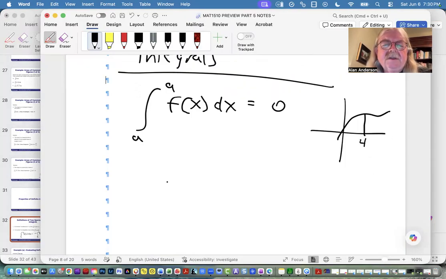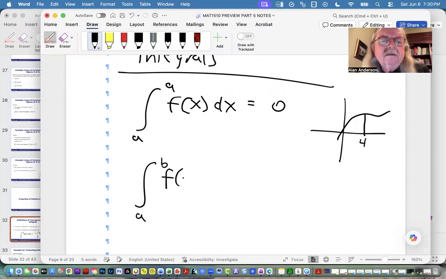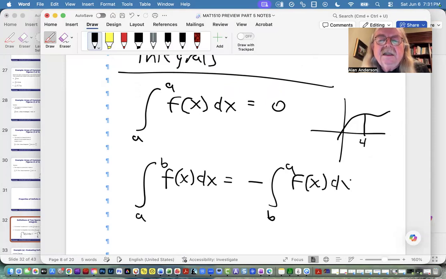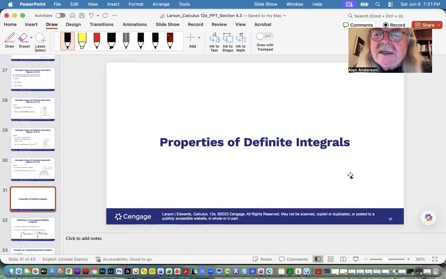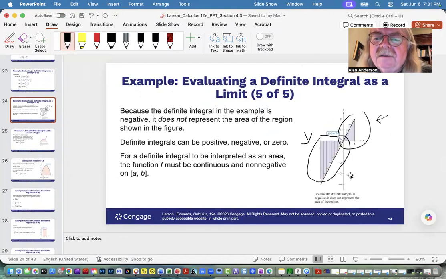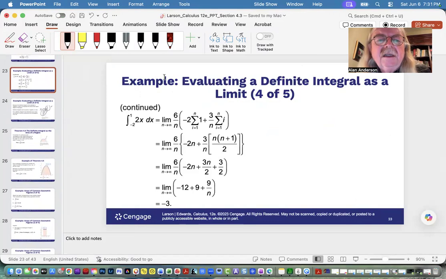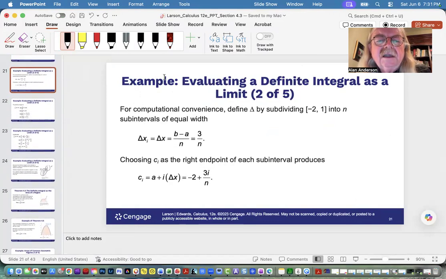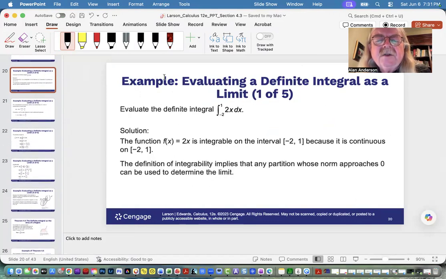And then now this one, if you change the limits of integration, then you get a negative result. So getting back to this example here, if you really need this area, remember how we did this. We have -2 to 1.